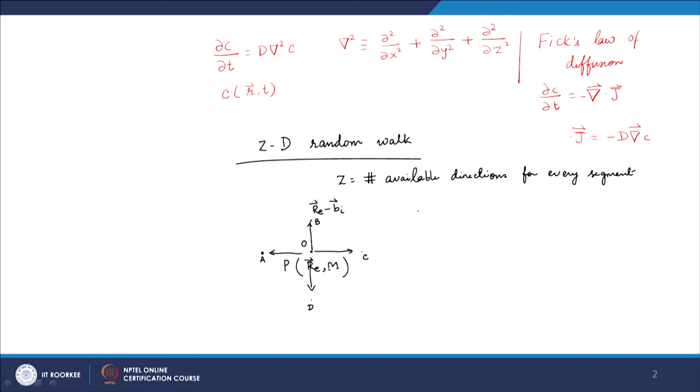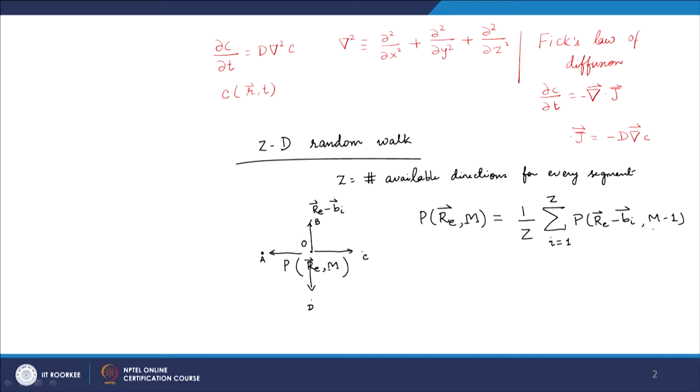Then we can write that the probability that the end-to-end displacement is R e after m steps must be equal to 1 by z, sum over i equal to 1 to z, P of R e minus b i in m minus 1.